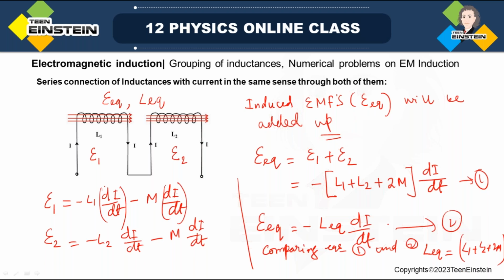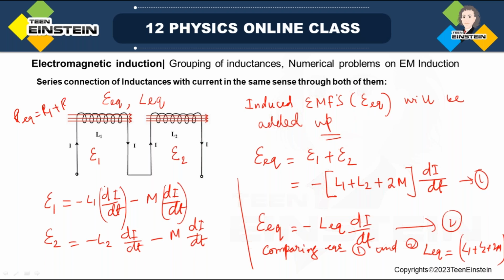In case of resistors, it is a series combination, and R equivalent is equal to R1 plus R2.